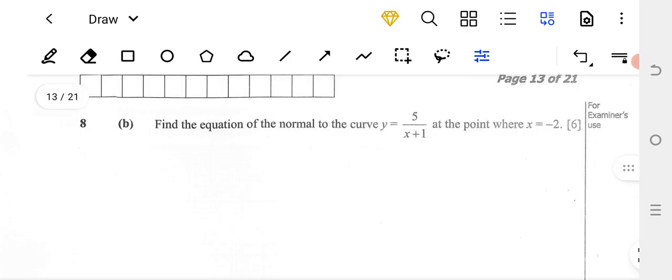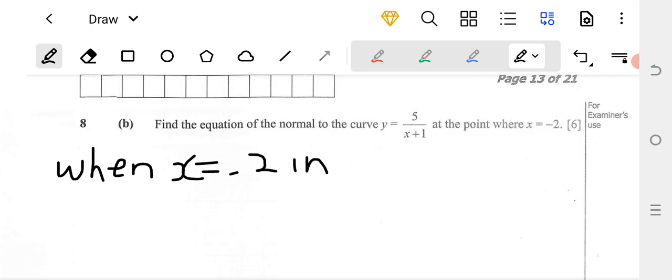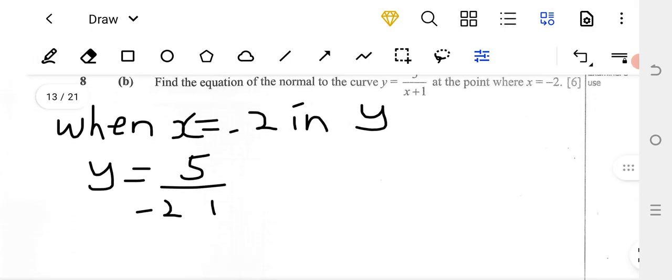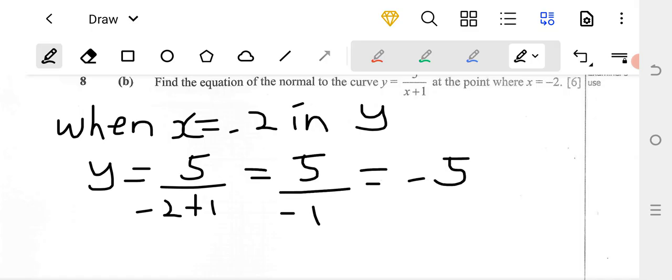Okay, so to continue, we are saying when x is equal to -2, y is equal to 5 divided by (-2 plus 1), which is 5 divided by -1, which is equal to -5.